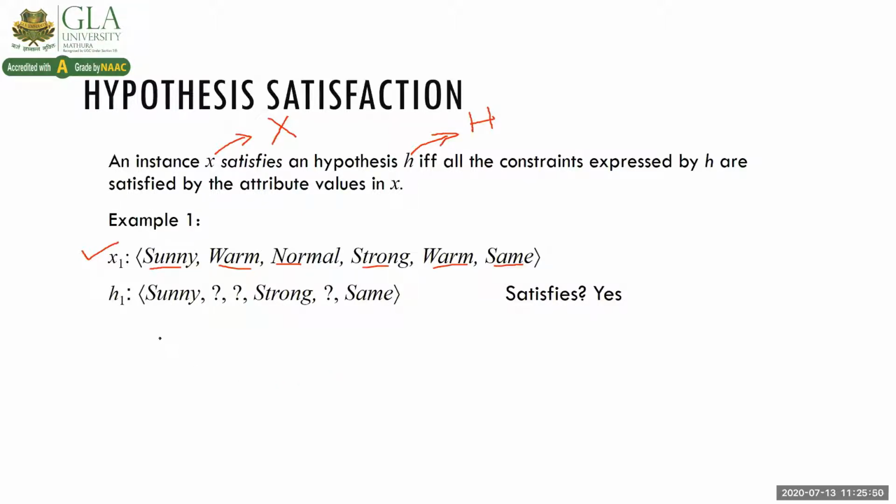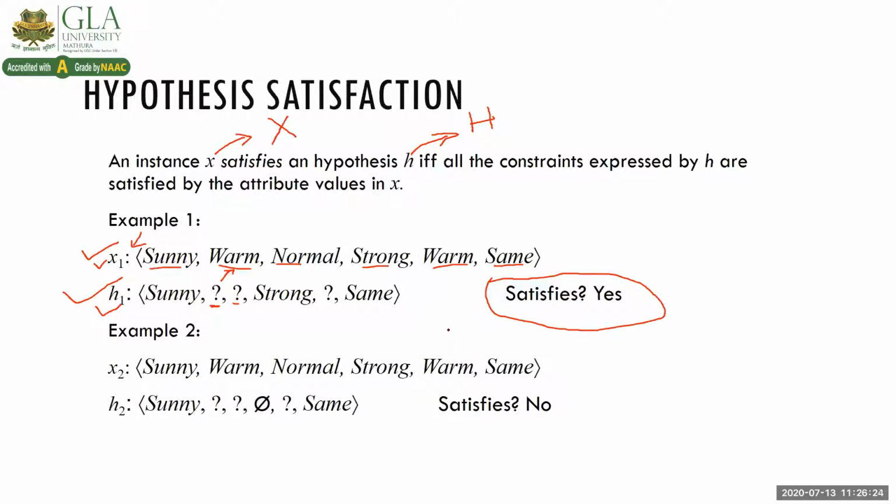Its hypothesis is h1, and which results in what? Satisfied. So x1 is a particular instance and h1 is the hypothesis. Warm value can be replaced by cool also because there is a question mark. So this instance x1 is satisfying h1. Clear? Second one.